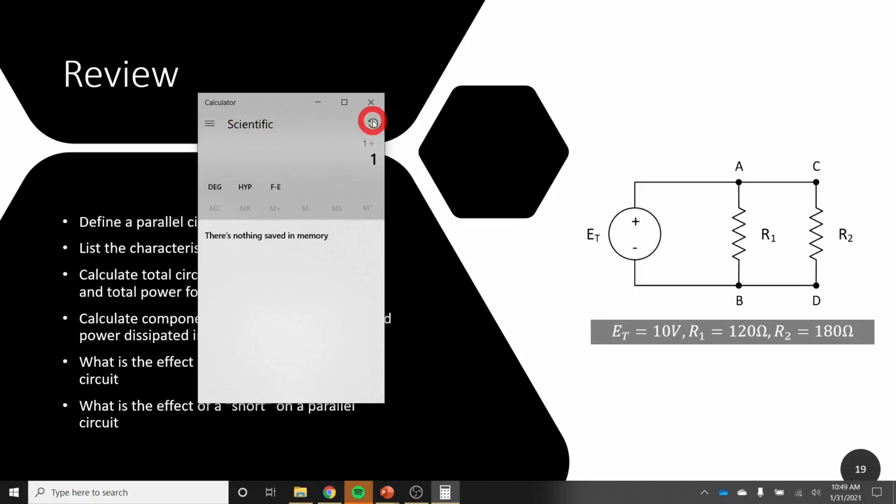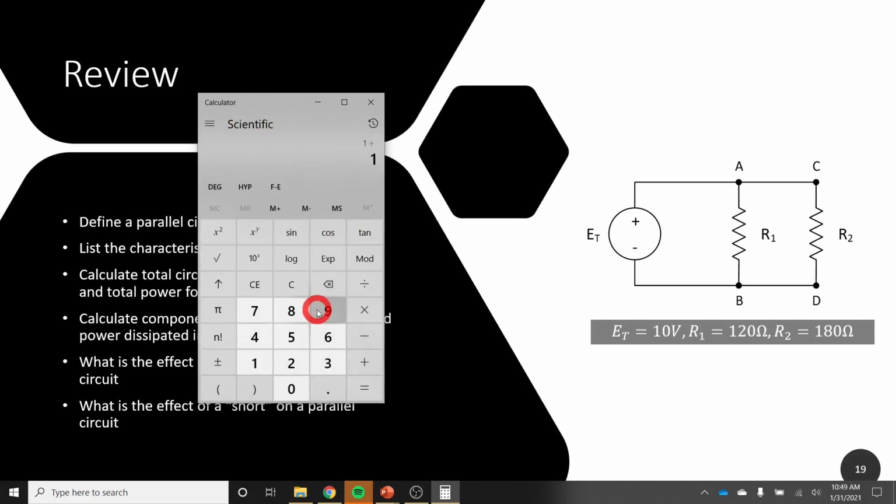Okay, so I'll come back here. And there is my total resistance. It's going to be 72 ohms. Okay, so our quick check, 72 ohms is going to be less than any one of my branch resistances, so that looks good.